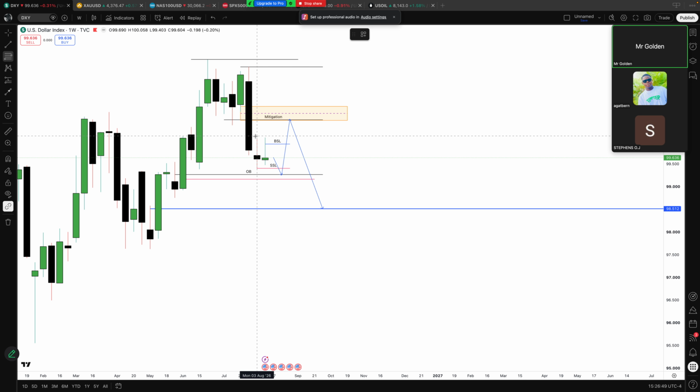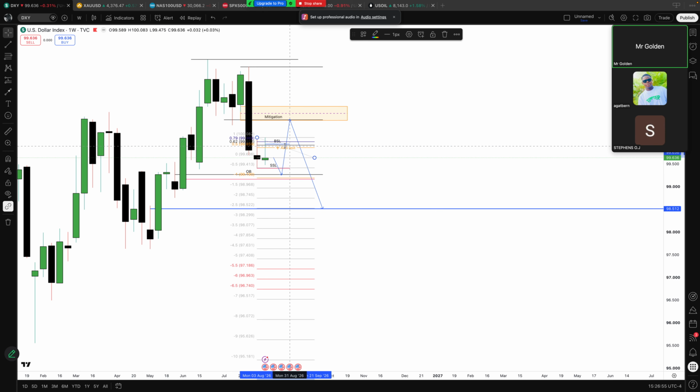We could trade into like 50% of this, and then we trade down to take this liquidity and then trade back up again. So next week's candle can be very funny. So I think everything looks good here.